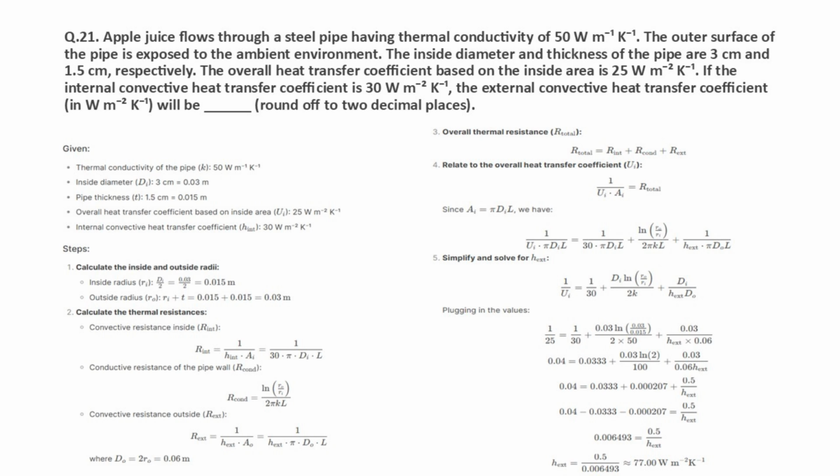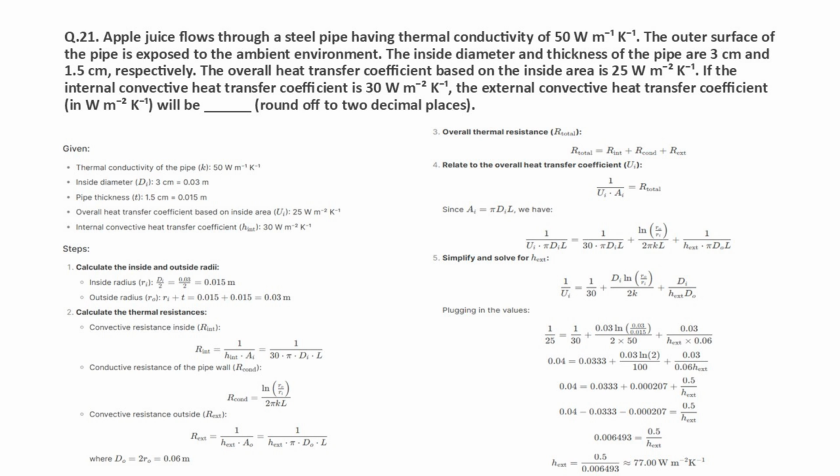The heat transfer resistances include internal convection, conduction through the pipe wall, and external convection. Using the standard resistance equation, we substitute the given values and simplify. The internal convection resistance is found by using the internal convective heat transfer coefficient and area Ai.